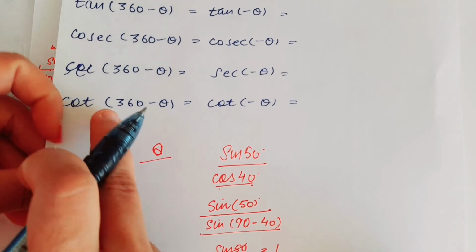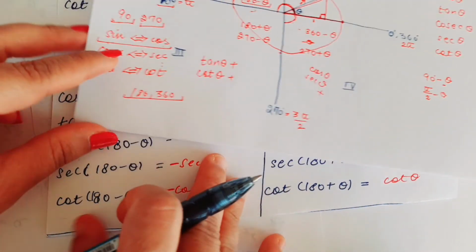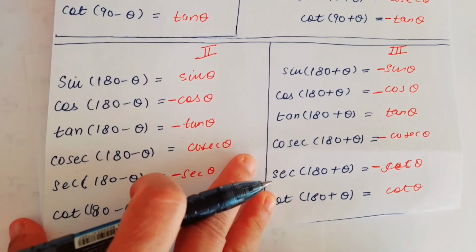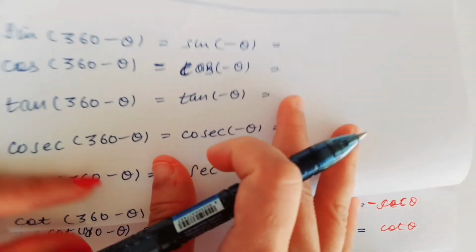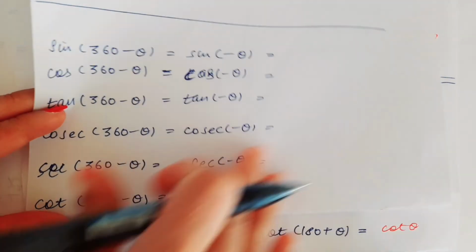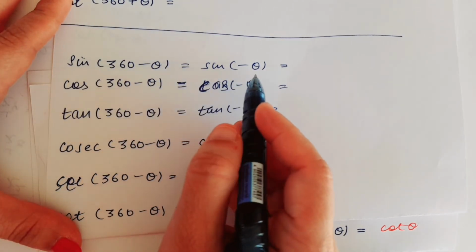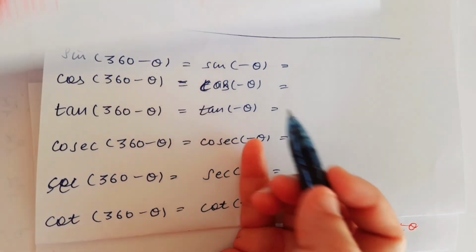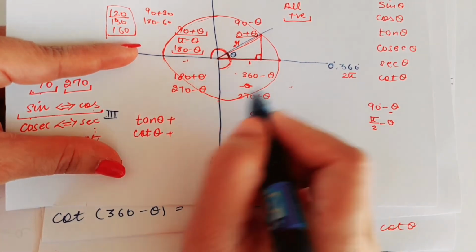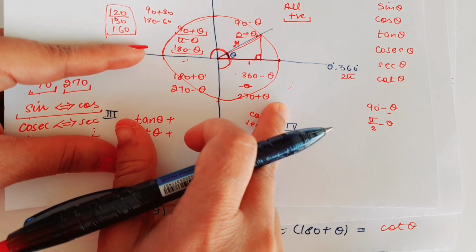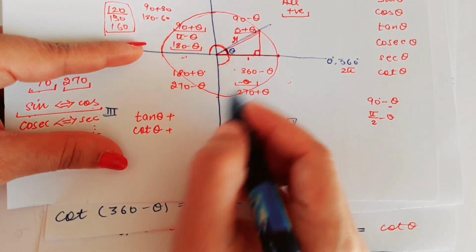You can use these sine ratios. On the basis of this, we can find these ratios as well. I will discuss this more also. Sine of 360 minus theta is equal to sine of minus theta, because now we are talking about the fourth quadrant. Fourth quadrant means we can say 360 minus theta, or we can say minus theta as well.